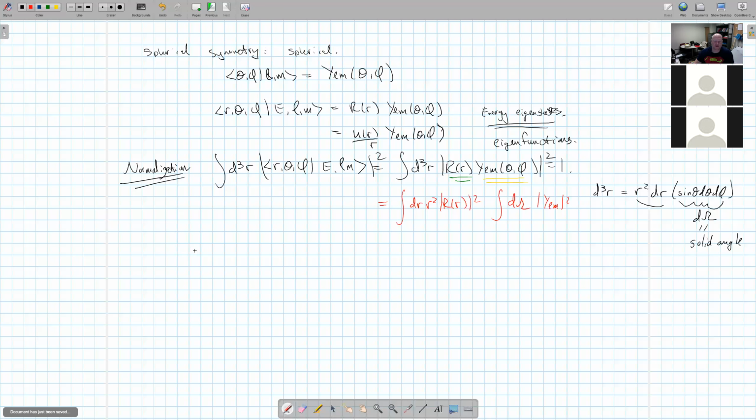So these two things have to be normalized separately. I have the integral of dr r squared, normalization of R. But since this is also equal to u over r, this is also equal to the integral of dr, simply modulus squared of u, which must be equal to 1. And simultaneously, I have to have the integral of d omega, the modulus of the Y_lm squared, equal to 1.